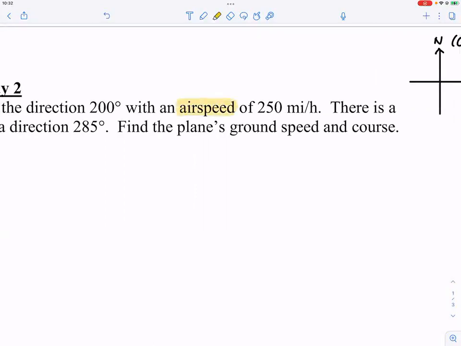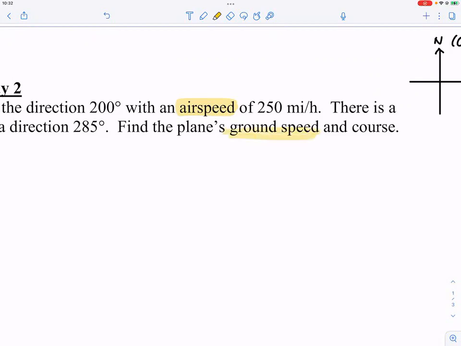Airspeed means the speed of the airplane in the air by itself, right? So if the airplane is traveling in some still air, like no wind at all, this is 250 miles per hour. That's the airspeed. But, you know, there's always going to be some wind in the air. And with the wind blowing, the actual speed is going to be different.